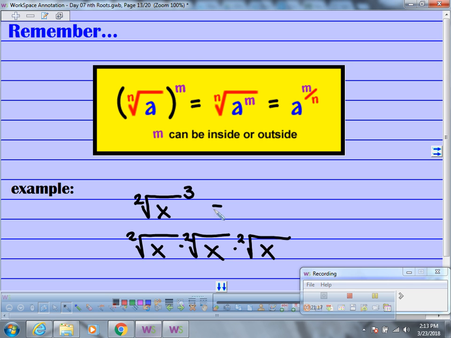Or I have 3 out of 2. It means the same thing. So I have 3 of them, and my root is 2, into 2 parts. 3 into 2 parts, right? Because that's what this is, putting into 2 parts.